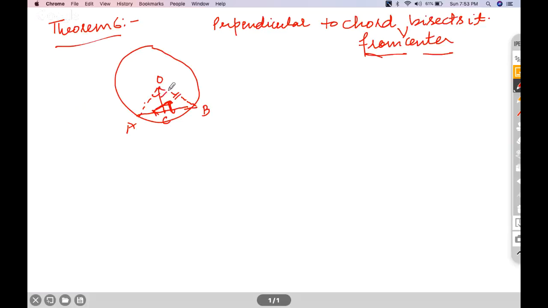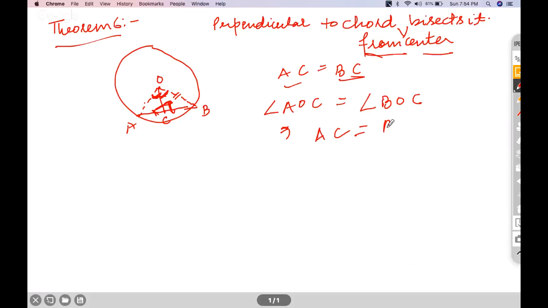What I proved was AC is equal to BC, or you can write that this angle is equal to this angle. So angle AOC is equal to angle BOC, and if that is true, then AC becomes equal to BC. In the converse, you have to prove that it is perpendicular. So you will be given that this bisects this.